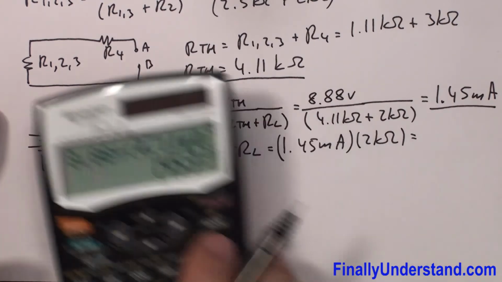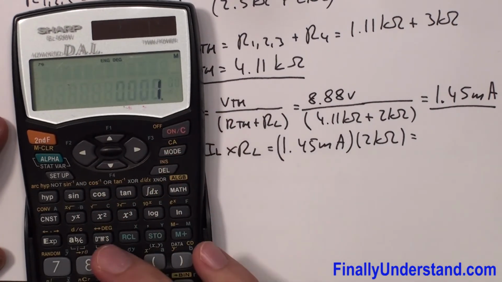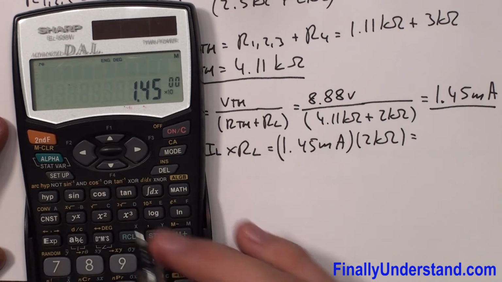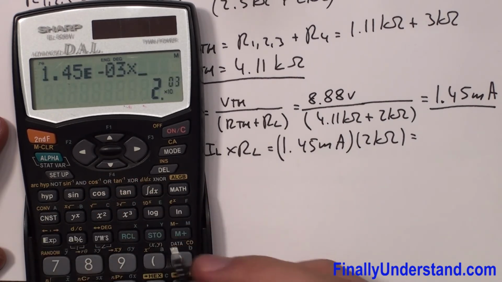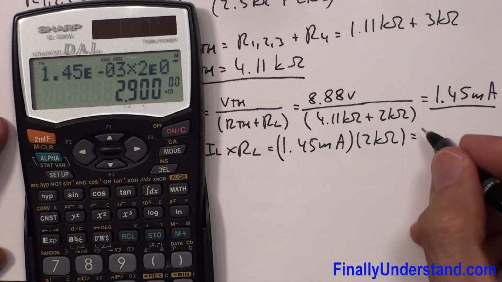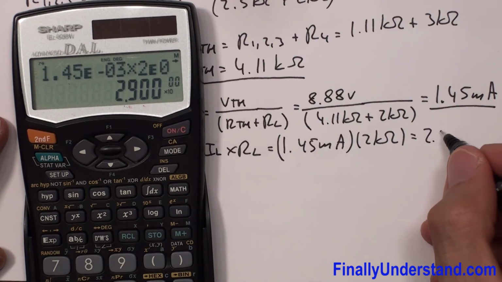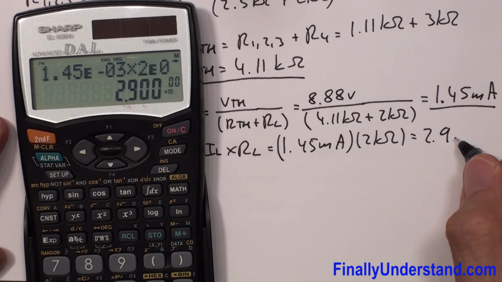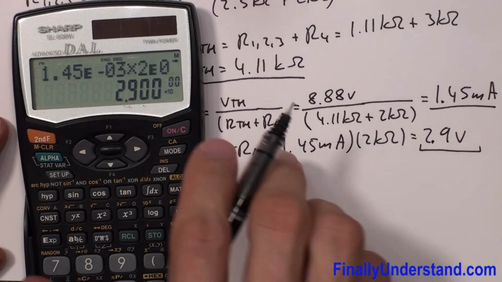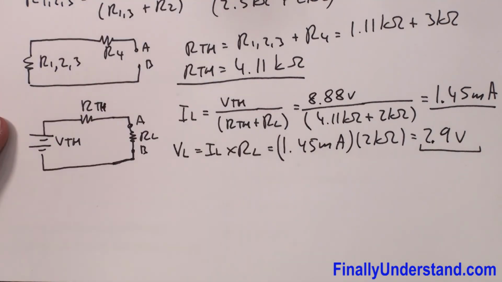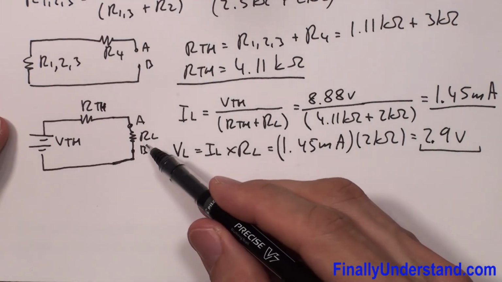This is equal to 1.45 exponent negative 3 times 2 exponent 3 equals 2.9 volts. Okay, so this is the voltage across the resistor RL.